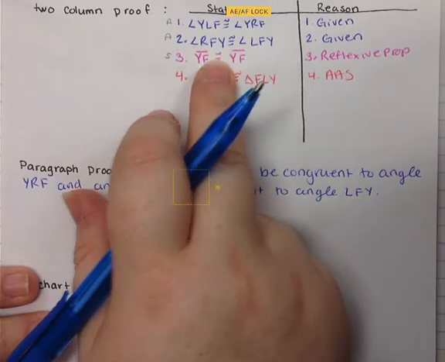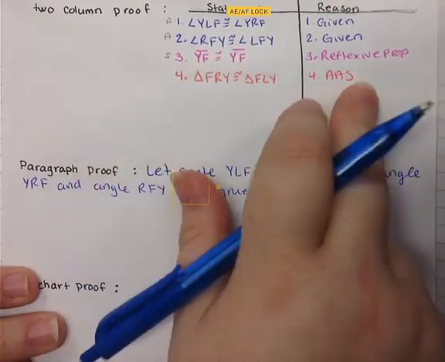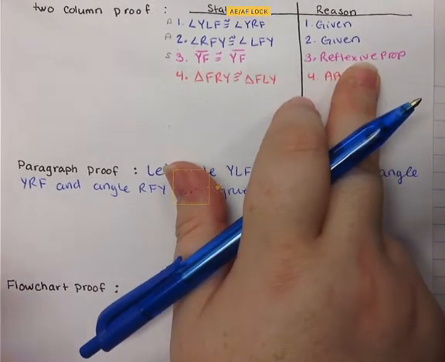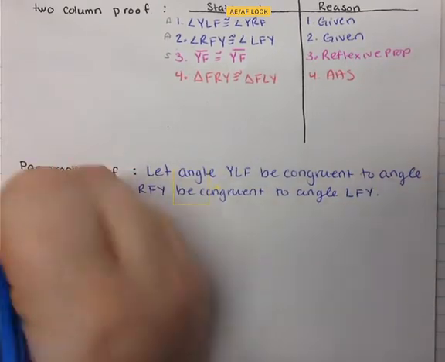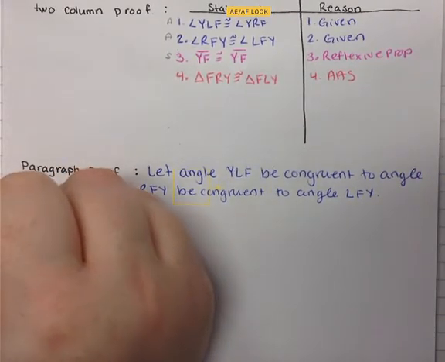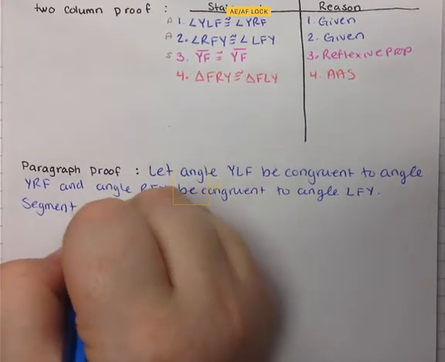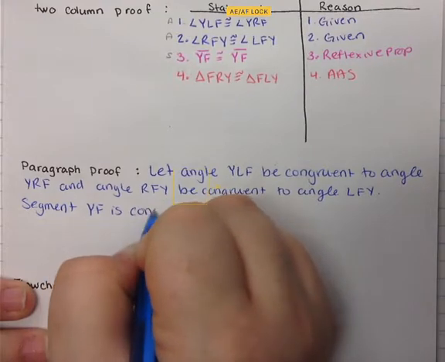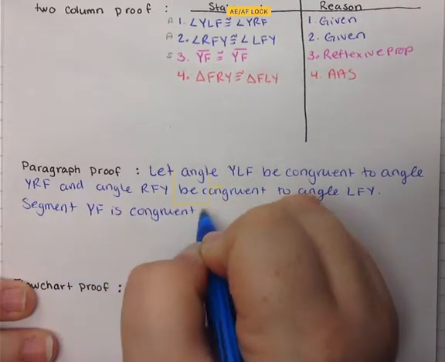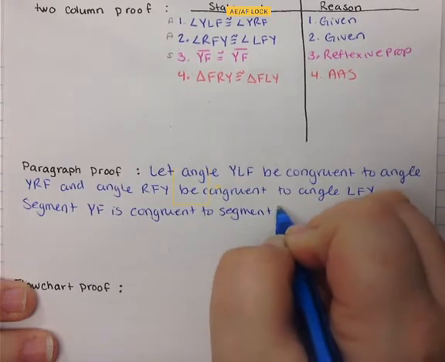Now is when we actually prove something. We have to then prove that these two segments were congruent because of the reflexive property. So all we do is just state that in words. So we can say that segment YF is congruent to segment YF.